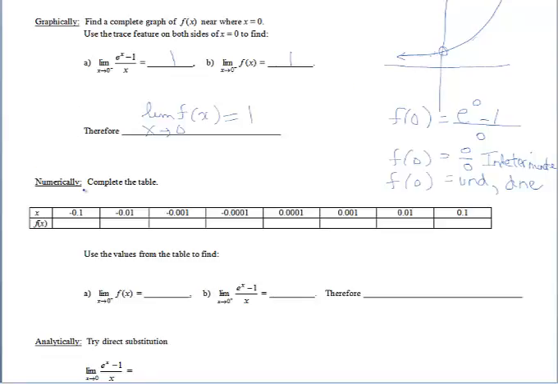I'm going to take turns putting all of these x-coordinates into the function. It's going to be 0.95163, 0.99502, 0.99950, and 0.99995.